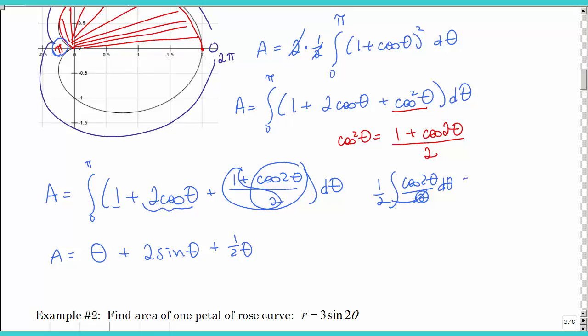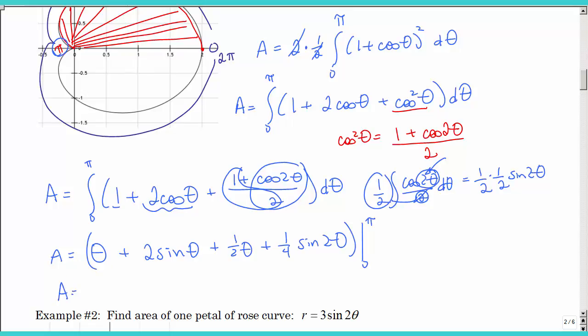It's going to be this 1/2 here, then you're going to have the sine of 2 theta, but you need to multiply by 1/2 again because of that 2. So you're going to end up with 1/4 sine of 2 theta. And we want to evaluate that between 0 and pi.